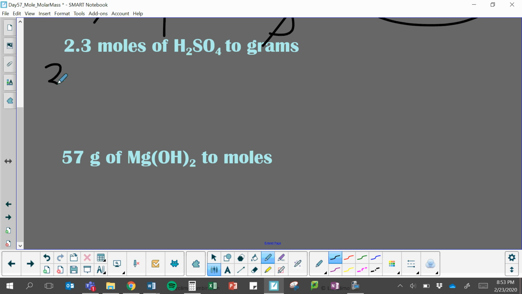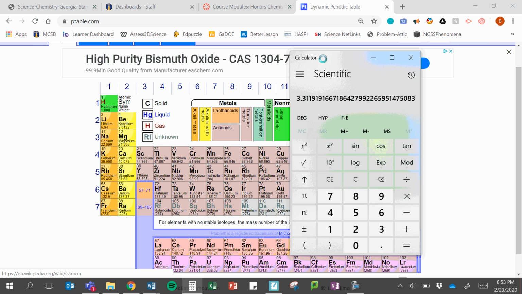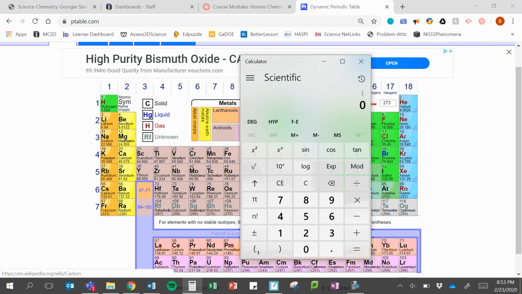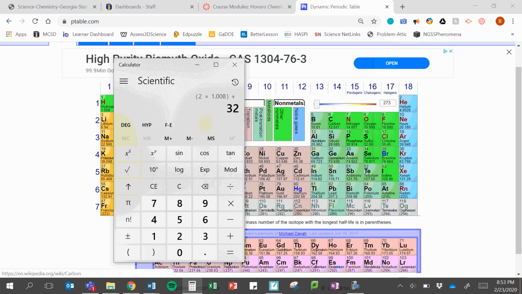Okay, so this first one, we do 2.3 moles of H2SO4. I'm going to go ahead and do the mass of H2SO4 over here, just in the calculator. Okay, so we have 2 hydrogens plus sulfur and then we have 4 oxygen.